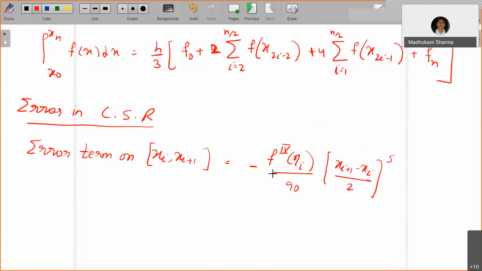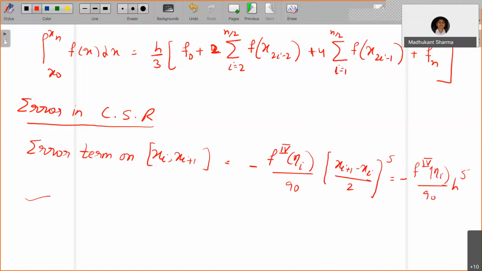Now (x_{i+1} minus x_i)/2 gives you h, so h to the power 5 will be there. If you take uniformly spaced points, this is going to be minus f fourth derivative at eta_i divided by 90 times h to the power 5.